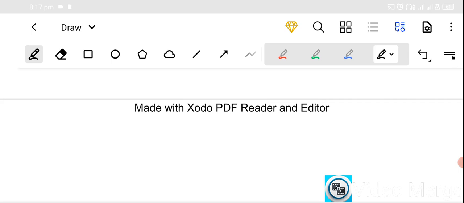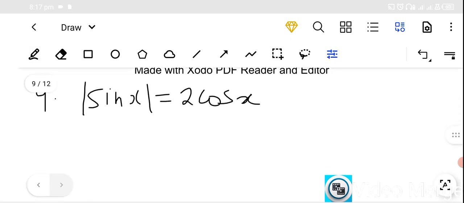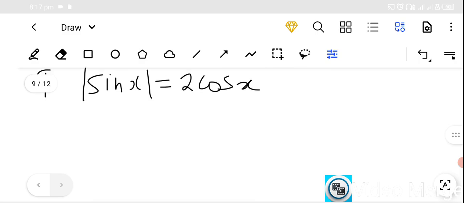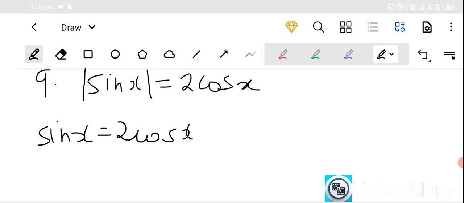So modulus of sine x is equal to 2 cosine of x. Modulus simply means we are taking into account the positive sine x is equal to 2 cos x, and then we also have the other one.